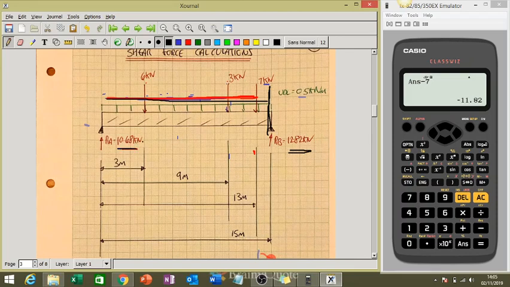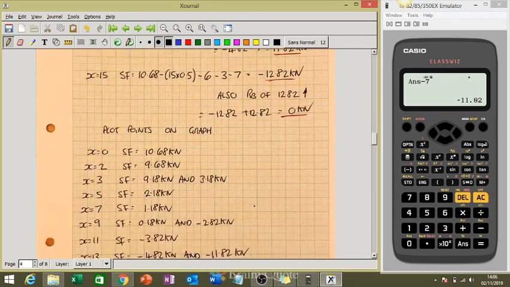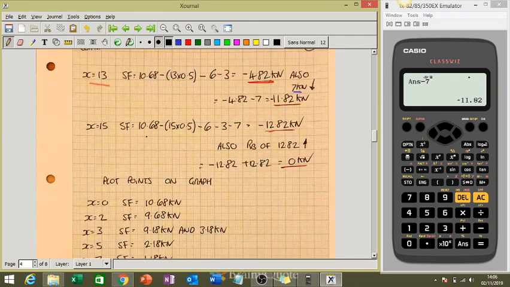So with that force coming up, coming down, coming down, coming down, 15 meters worth of the UDL coming down, and 12.8 of that force coming up. So 10.68 coming up, 15 meters worth of my UDL.